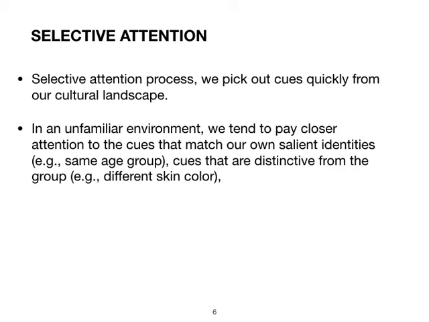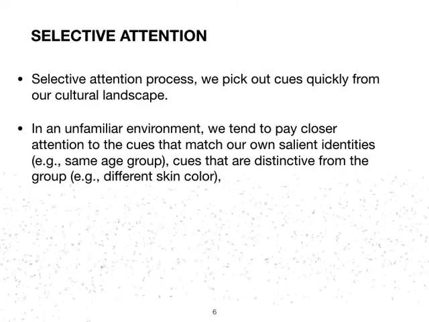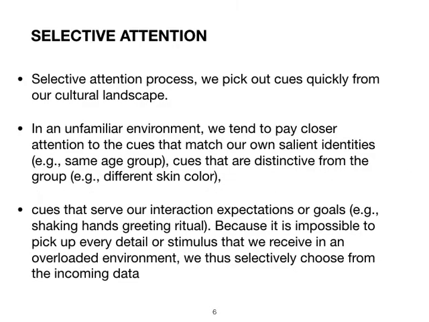So even if you are in a different environment, what you look at is like the same age group or same skin color, and cues that serve our interaction, expectation, or goals, like shaking hands, greeting rituals, because it is important to pick up every detail or stimulus that we receive in an overloaded environment. We thus selectively choose from the incoming data.